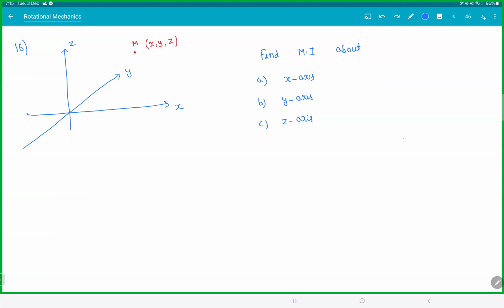Again, remember, r is not the distance from the axis. It's not the distance from the origin. It's the perpendicular distance. It's more of a geometry.